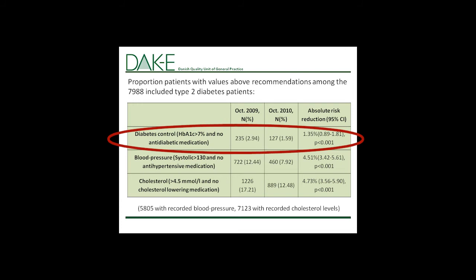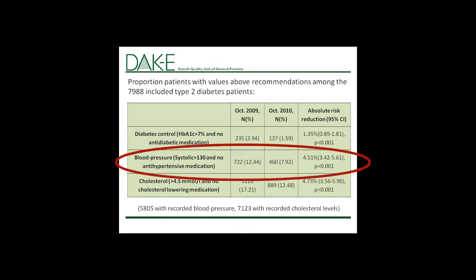If we look at blood pressure, again it's a benchmark: the proportion of patients with systolic blood pressure above 130 and receiving no antihypertensive drug. In October 2009, it was 12.4%, and 1 year later it was reduced to 7.9%.